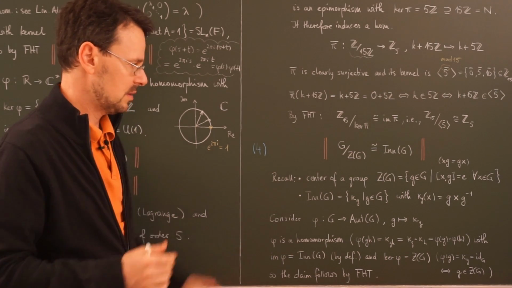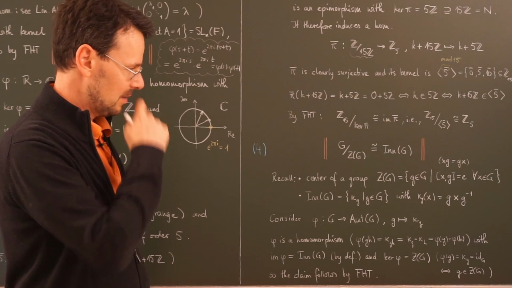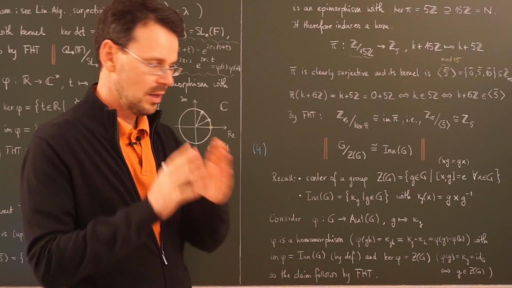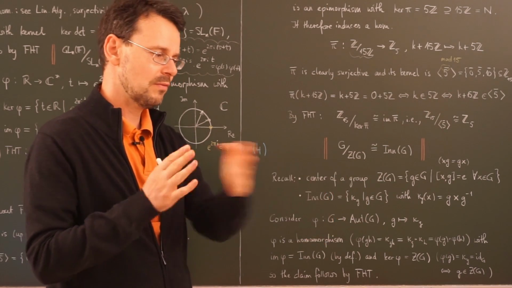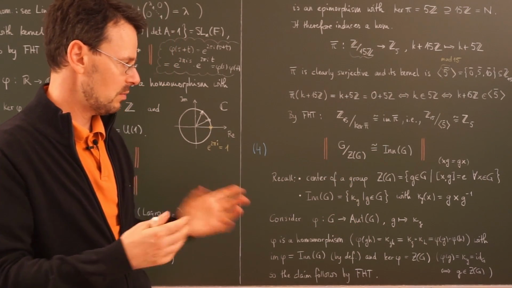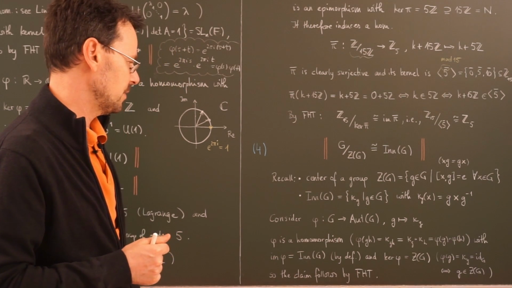For example, this is important in all of group theory, but especially there we are going to see these again. So the inner automorphisms are automorphisms, meaning bijective homomorphisms from the group to itself. This is, in general, a subset of the automorphism group.